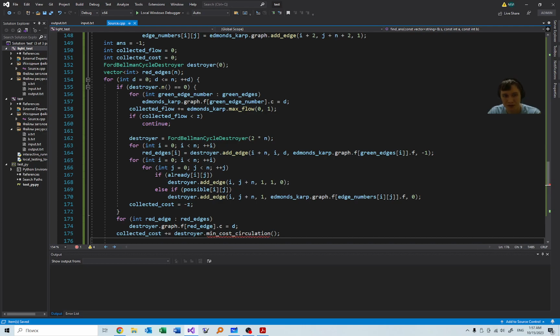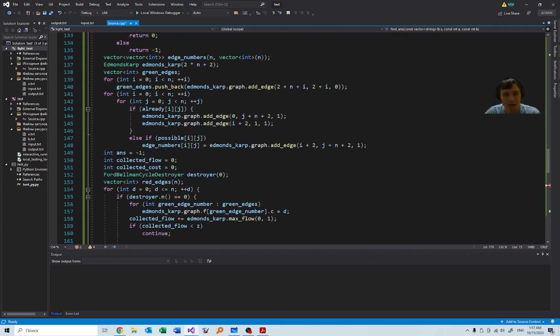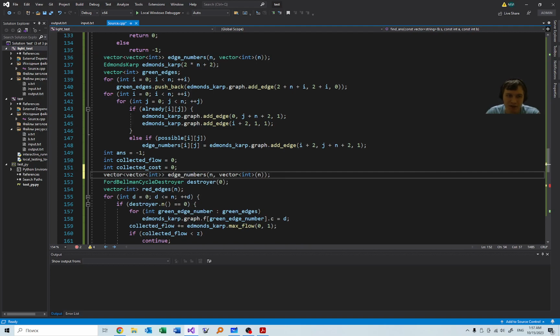Oh man. I actually need the same thing for the destroyer edge numbers.